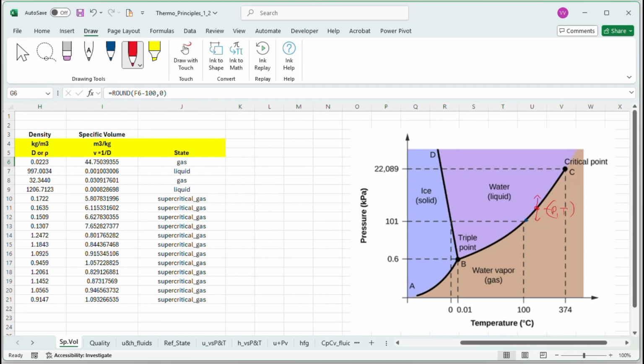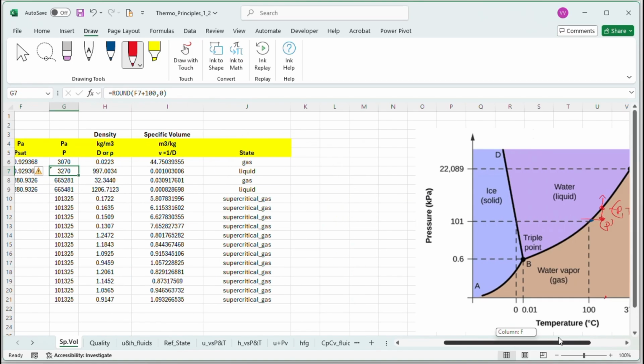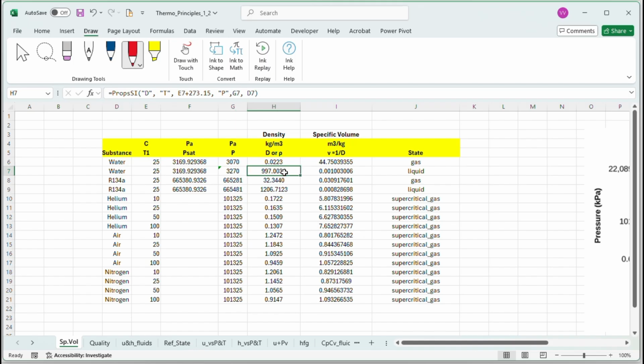Now, if I use this new pressure and this new temperature, I should get the properties of a vapor, okay? And I calculate the density, and the density is 0.0223. Now I add 100 pascals, so I will be in the liquid region.